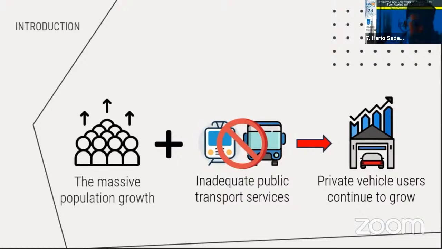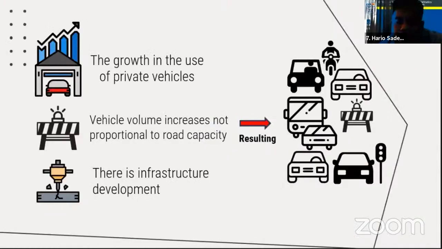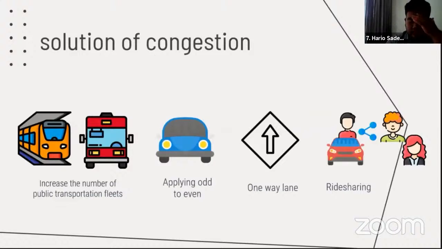Public transportation still cannot provide comfort to passengers. Due to these factors, private vehicle users continue to grow. The growth in private vehicles and vehicle volume increases not proportionally to road capacity and infrastructure development, resulting in congestion.